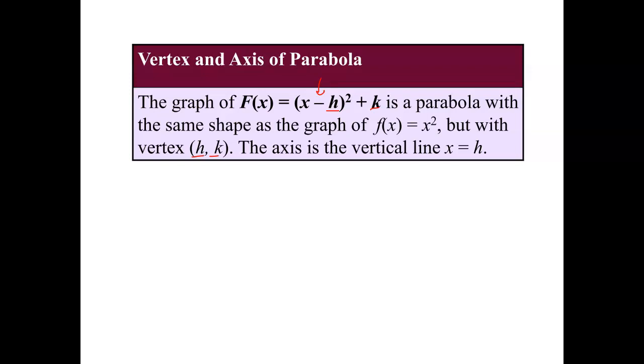That's why we have that sign switch when we look at the x value. I had x minus 2, gave me a positive 2 for the x value. When I had x plus 2, gave me a negative 2 for the x value. So we're going to have that sign switch. Axis of symmetry is going to follow the vertex.